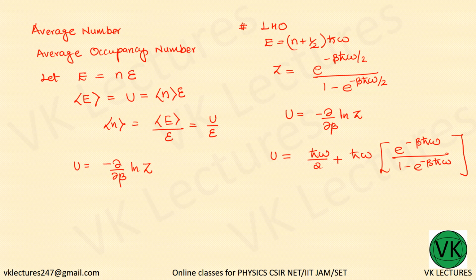So here we have seen E is equal to (n plus half) h cross omega, and the average value of E. So here we have two equations, 1 and 2.